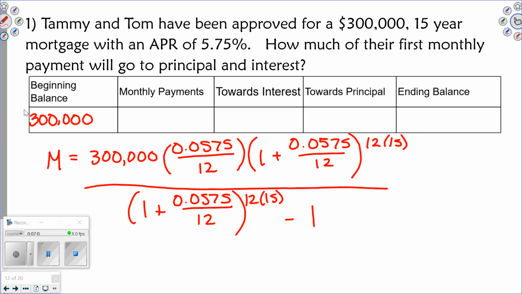If we type all that in, what do we get for a monthly payment? Good. $2,491.23.